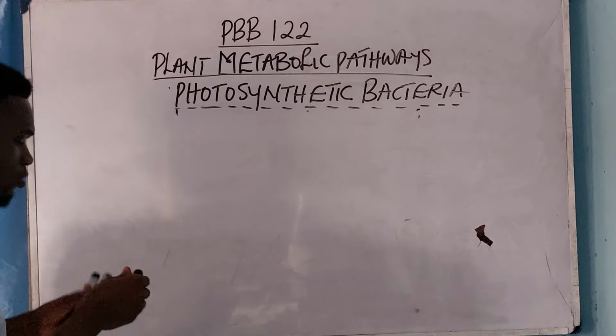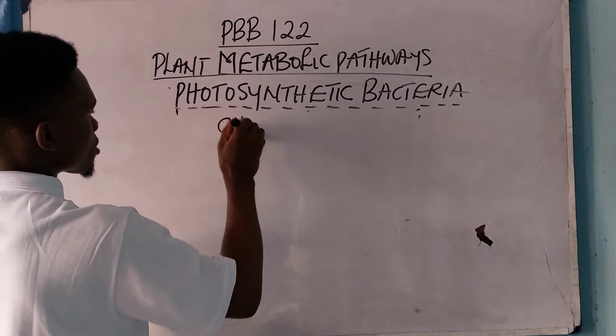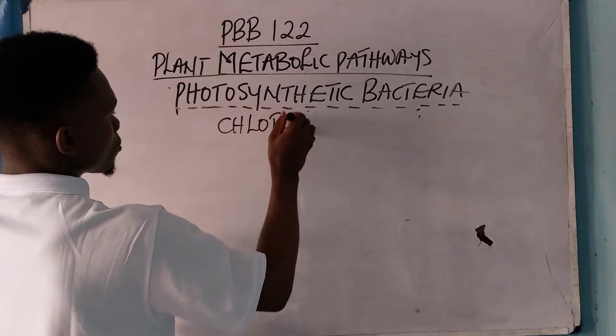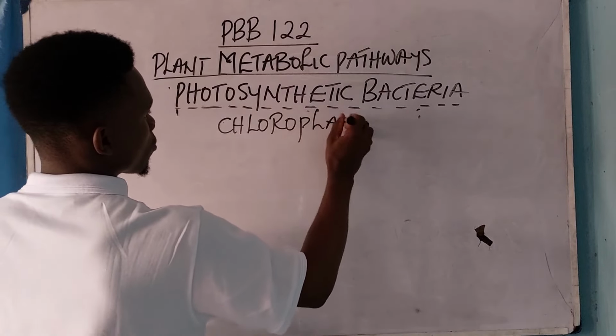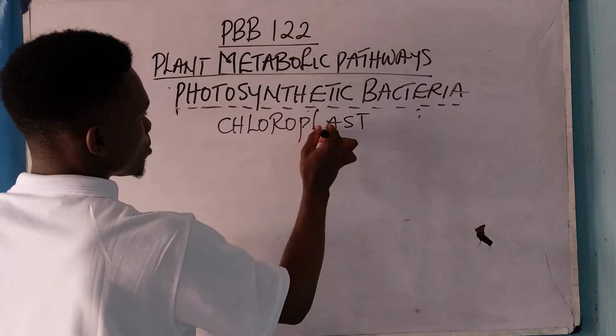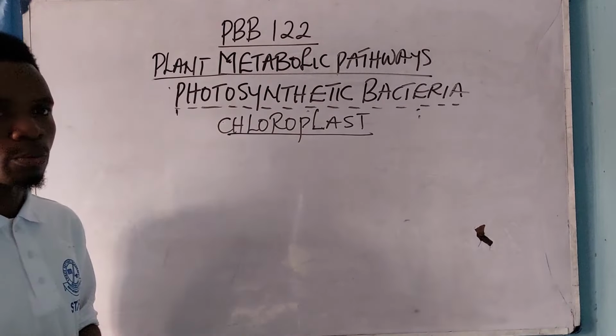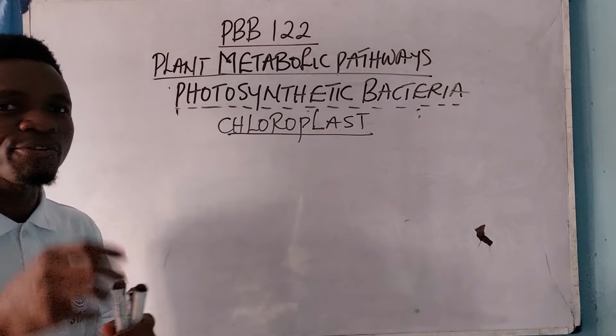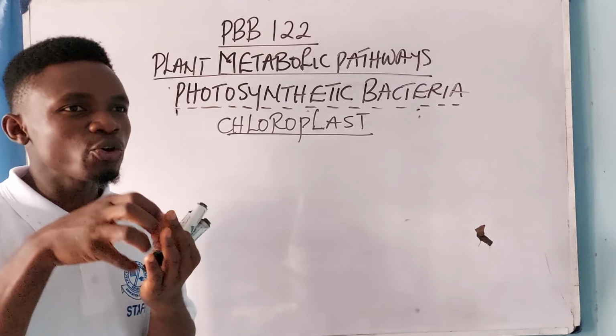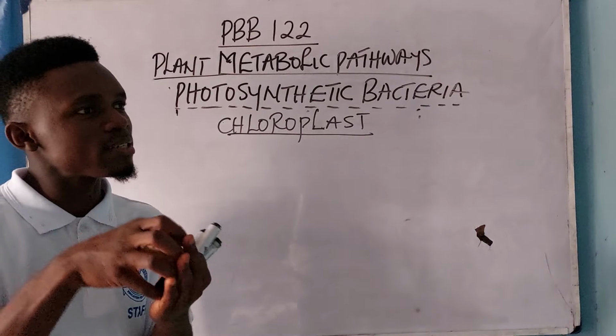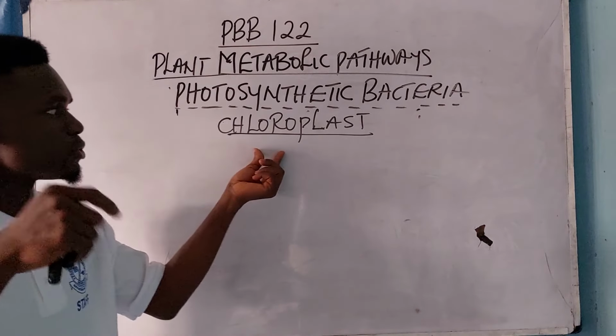Let's discuss the chloroplast. What do you know about the chloroplast? The chloroplast is that region where the major process of photosynthesis occurs. This is where photosynthesis occurs.